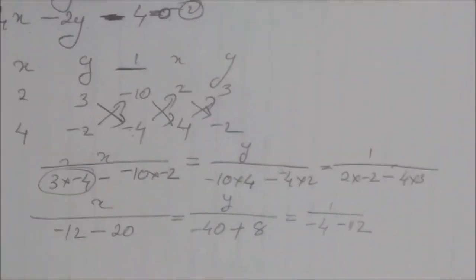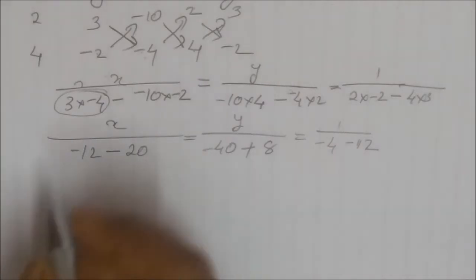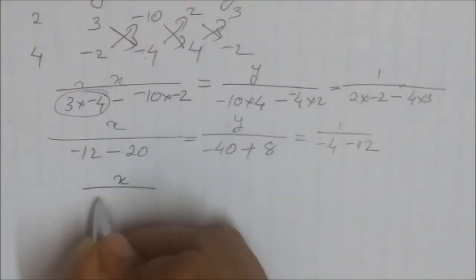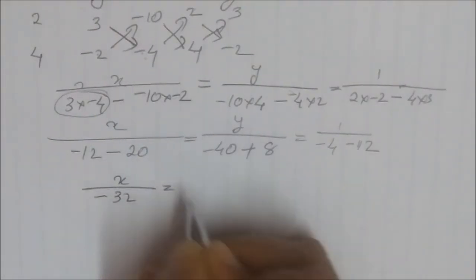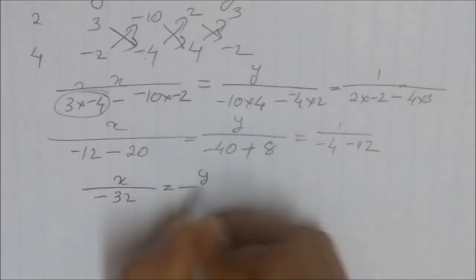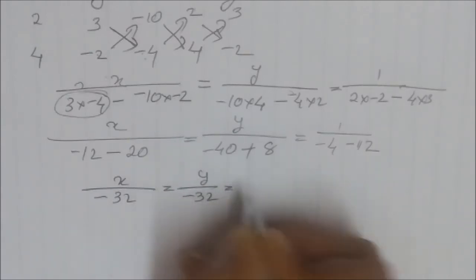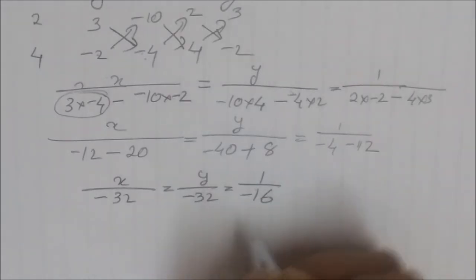So next step, x by minus 32 is equal to y by minus 32 is equal to 1 by minus 16.